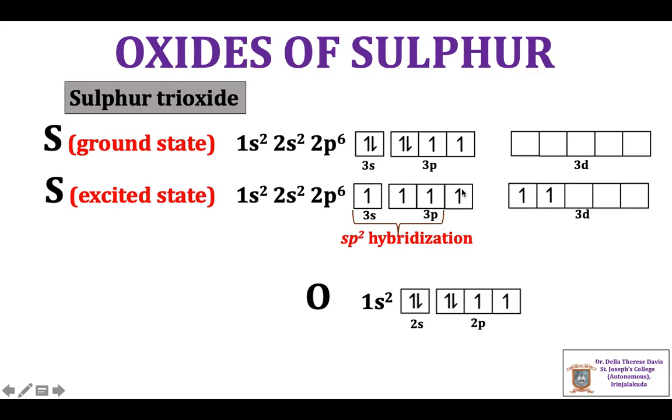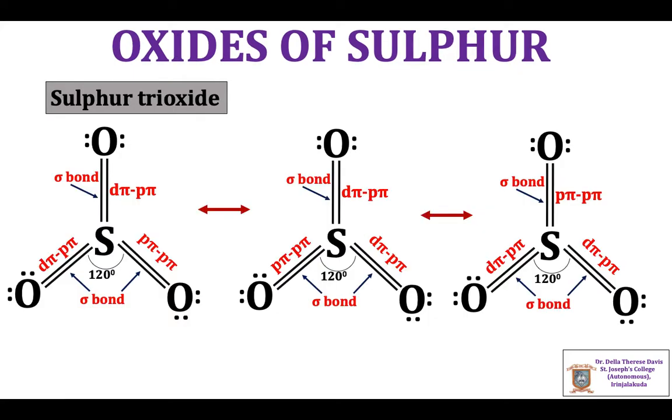The one unhybridized p orbital and two unhybridized d orbitals containing 1 electron each overlap with the p orbitals of 3 oxygens to form p-pi-p-pi and d-pi-p-pi bonds. In SO3 there are 2 d-pi-p-pi bonds and 1 p-pi-p-pi bond. The resonance structures are shown in the figure.